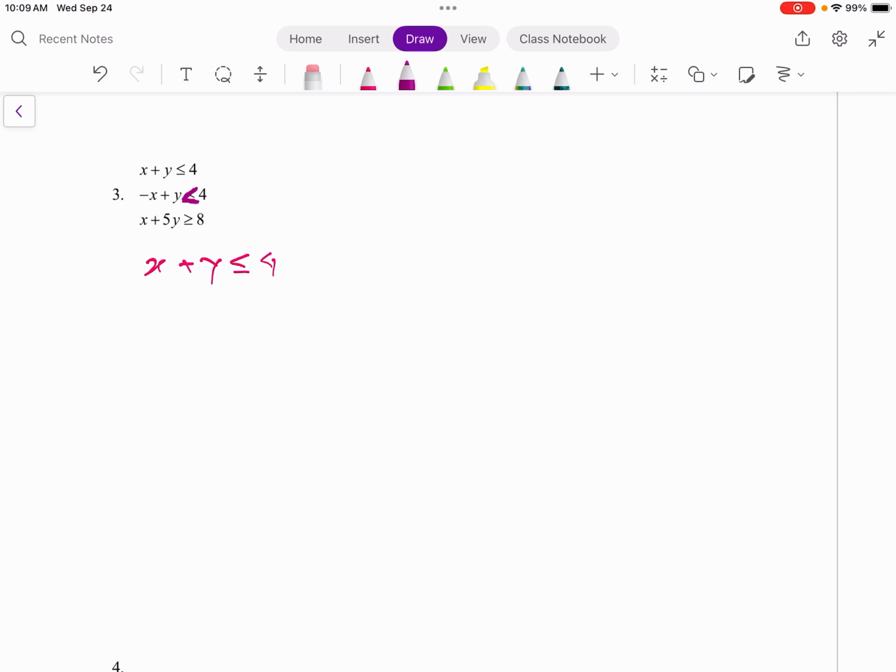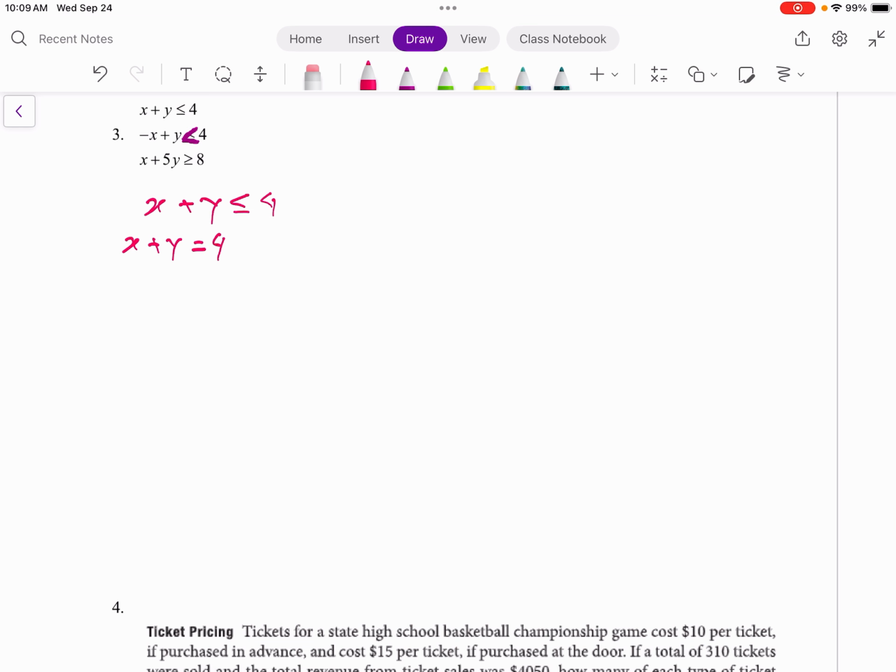Now let's find the x-intercept and y-intercept. To find the x-intercept, you substitute y equals 0. Do not forget our first step, replacing our inequality by an equals sign. So x plus y equals 4. This is an equation. Now let's replace y by 0. We get x plus 0 equals 4, so x is 4.